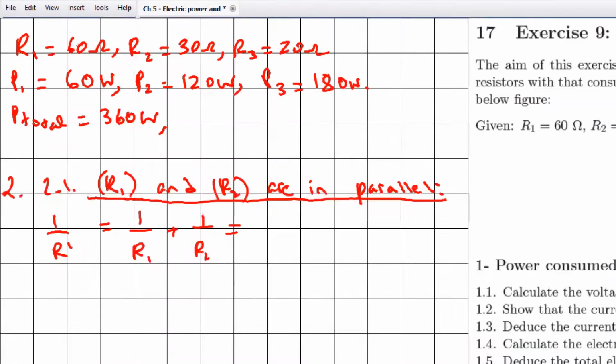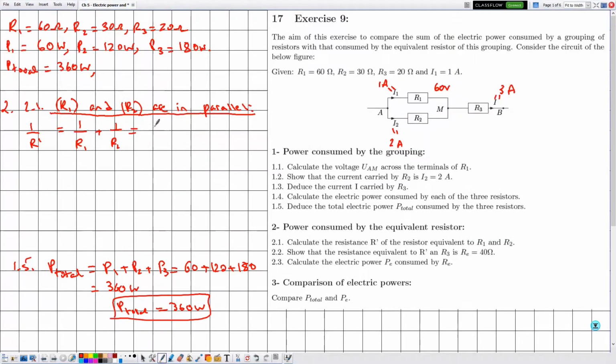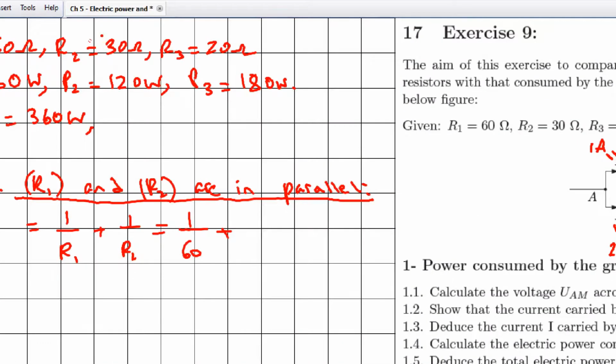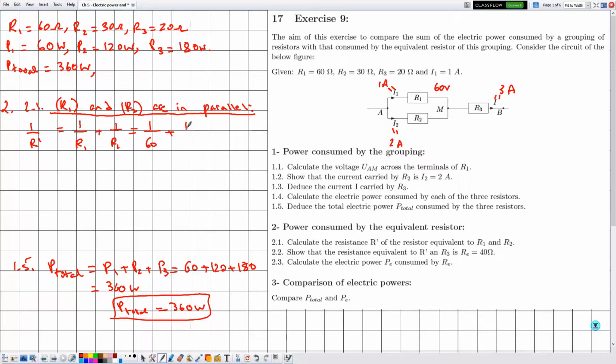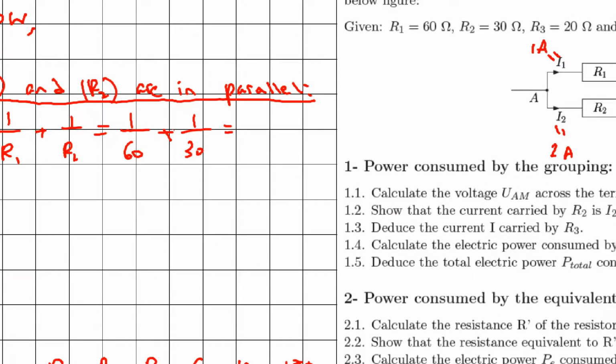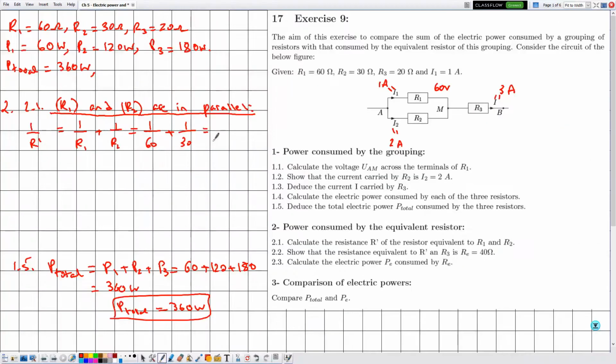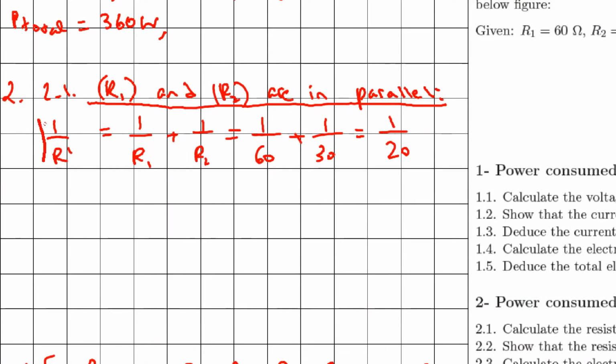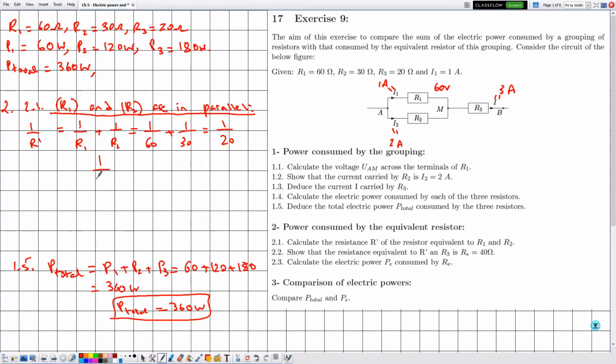Now the value of R1 is given by 60. The value of R2 is given by 30. And here we need to take into consideration that we are adding two fractions. We need to take the common denominator, then simplify this fraction, then it's given by 1 over 20. So now we have determined the value of 1 over R prime.